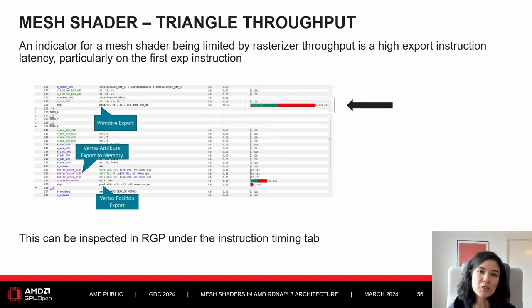An indicator for a mesh shader being limited by the rasterizer throughput is a high export instruction latency, particularly on the first export instruction. You can see that if you take an RGP capture, go to the instruction timing tab, and look at the first export instruction. If you see a high export instruction latency there, this means that you might be limited by rasterizer throughput.